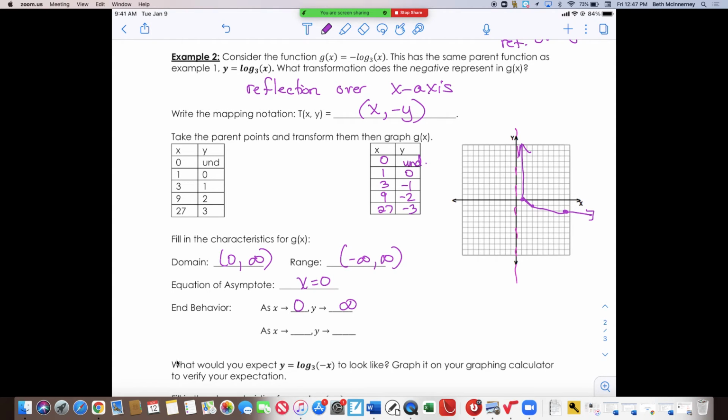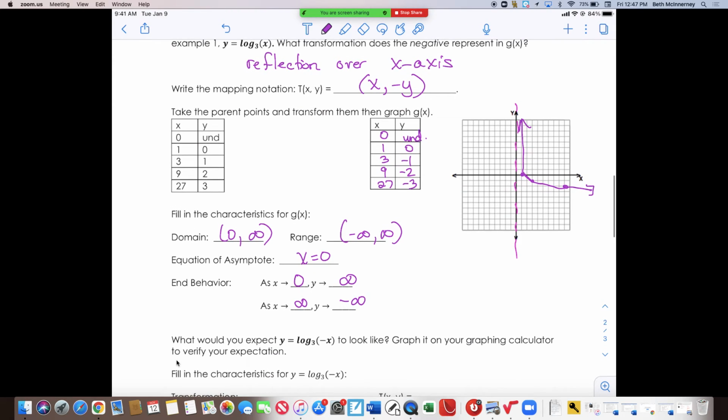And as x goes to infinity, y is eventually going to go down to negative infinity. All right, questions on this one? Not too bad, right? This really is all the same transformations we've been doing.